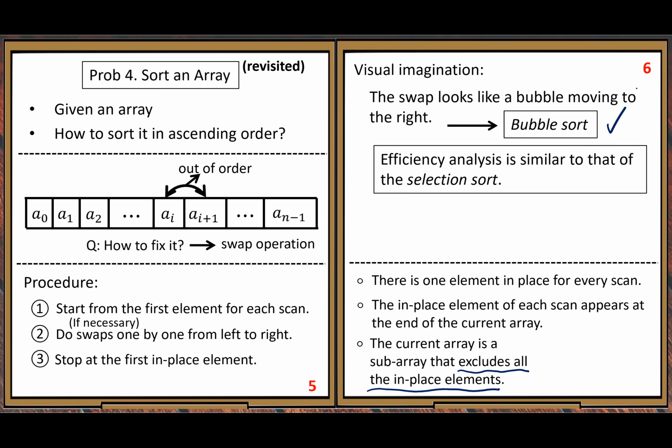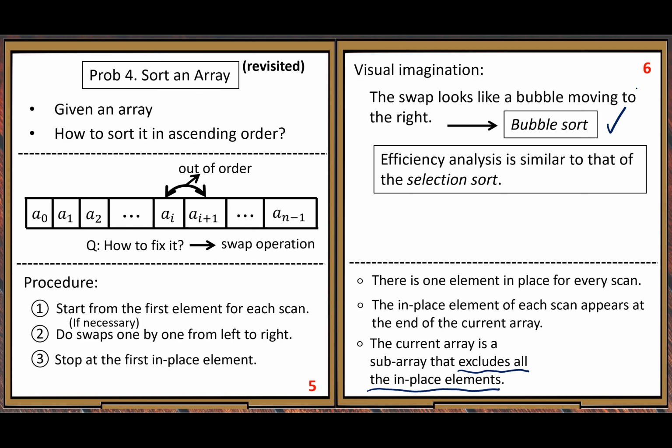The efficiency analysis is similar to that of the selection sort. You have n-1 scans, just like selection sort. In each scan, we process a subarray with one element fewer than the previous one.